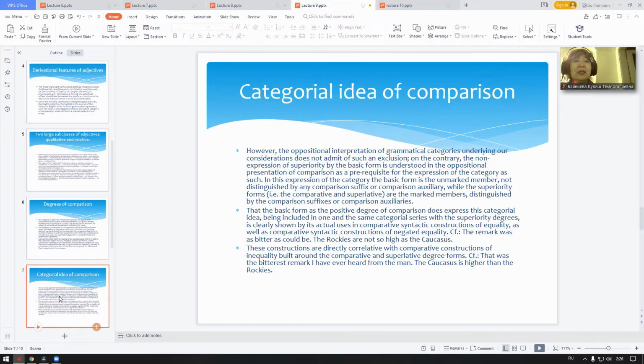In this expression of the category, the basic form is the unmarked member, not distinguished by any comparison suffix or comparison auxiliary, while the superiority forms, that is the comparative and superlative, are the marked members distinguished by the comparison suffixes or comparison auxiliaries.